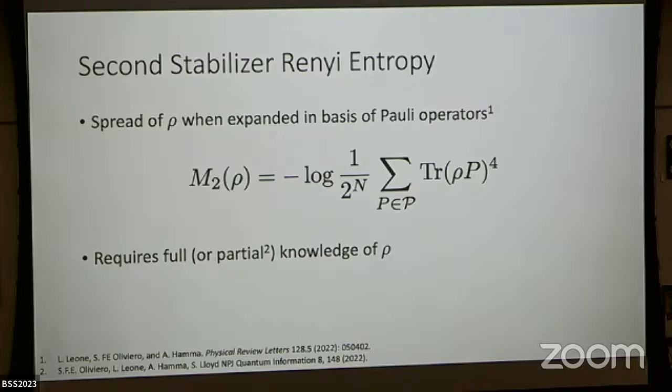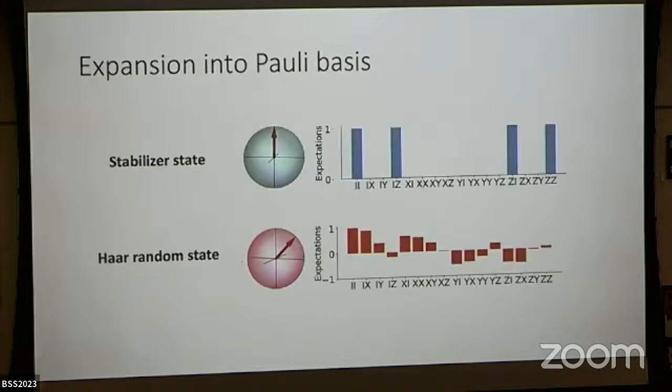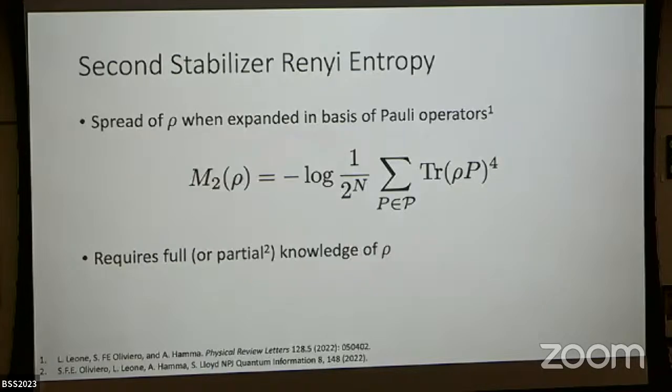I recommend reading the PRL if you really want to dig into the proof of how it meets all of these properties of being a good measure. But the intuition is just this picture: a stabilizer state has a concentrated distribution on its stabilizers, whereas a magic state has a spread out distribution.